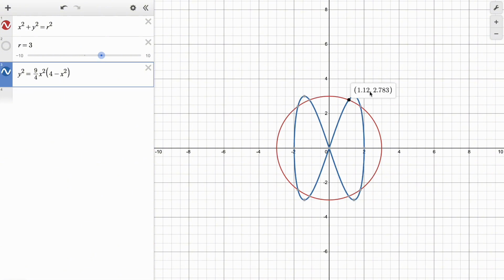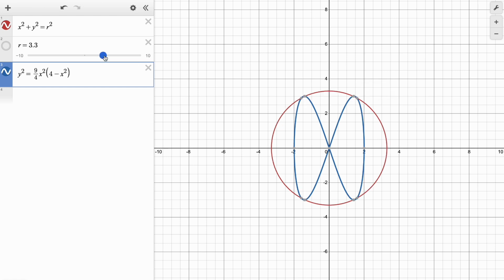And if I increase the radius, the x coordinate of the intersection also increases. So it's 1.12 now. And if I keep increasing the radius, at this point, for example, you can see it's 1.38. But over here at 1.592 x value, the radius of the circle is the same. So at both x values 1.592 and 1.382, the radius is 3.3.